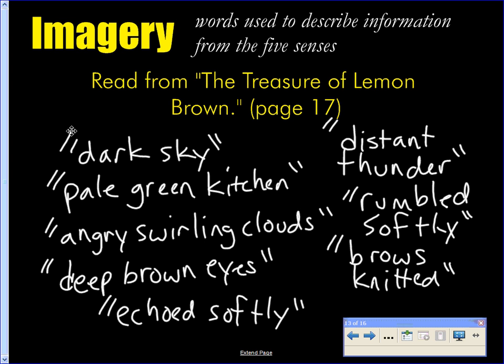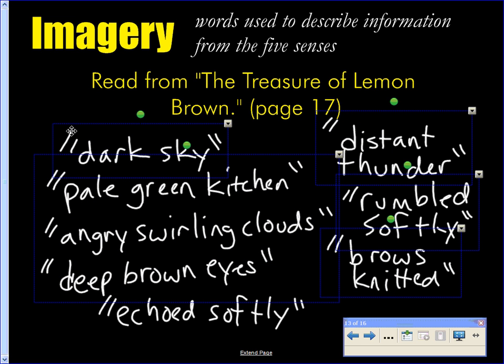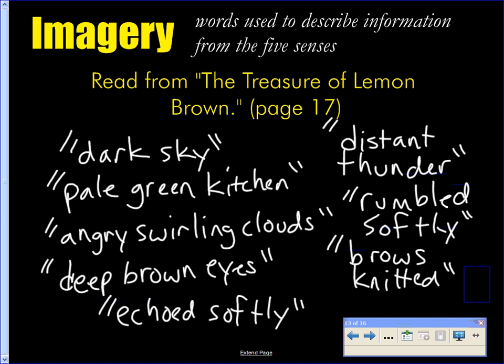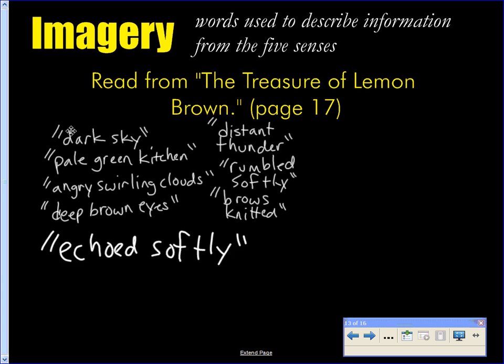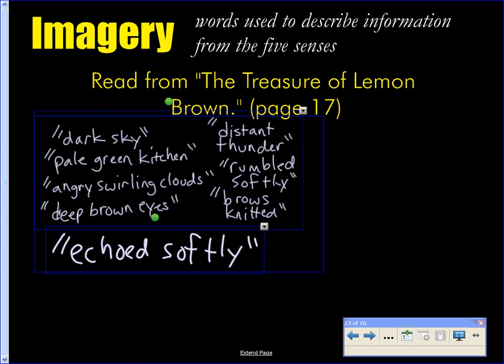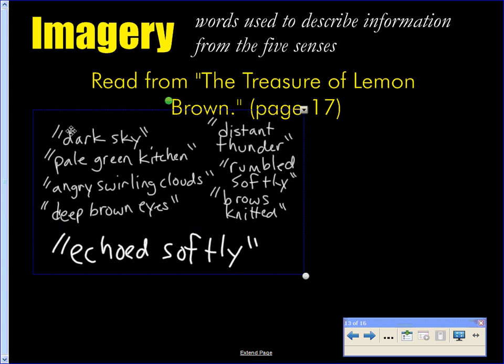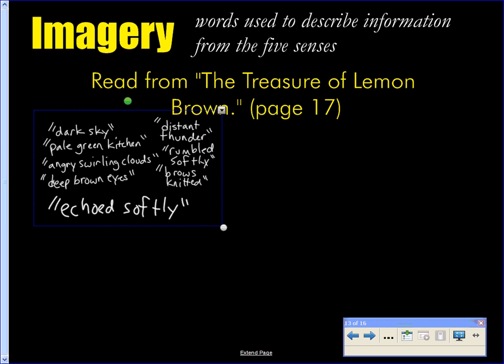Excellent job, and thank you very much, Joey and Miles, for making the mistakes, because mistakes are really instructive for us. Let me talk about the mistakes they made so we can see what is imagery and what is not imagery. Get this going here. There we go.